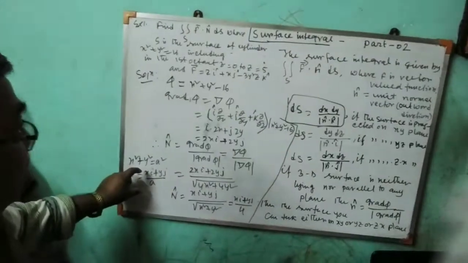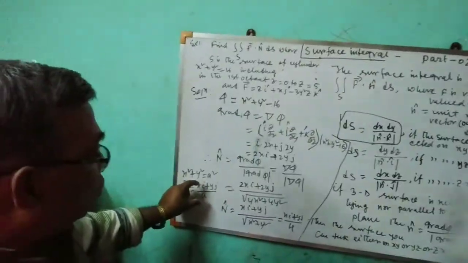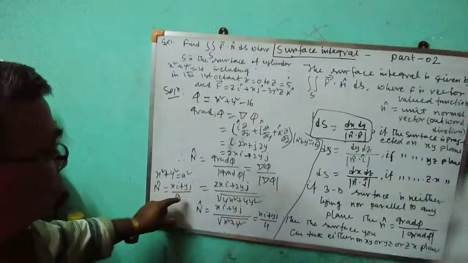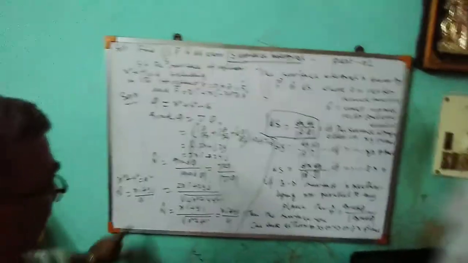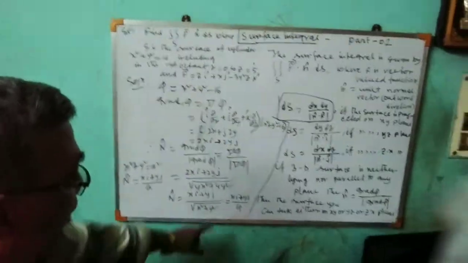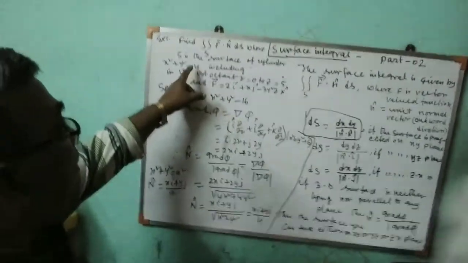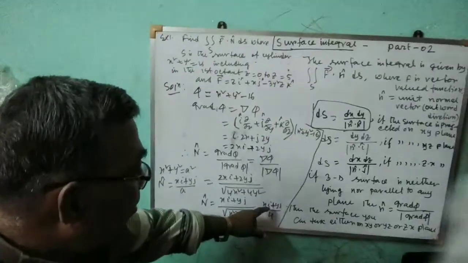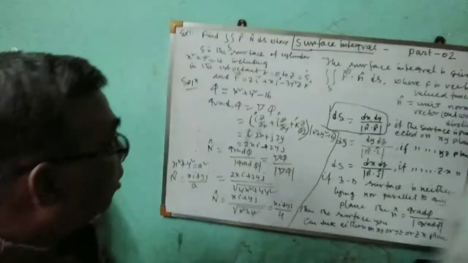This is not depending upon f. So this you should remember: xi plus yj by a is the n cap. Be careful. Here it is xi plus yj by 4. If it is supposed to be 25, then what will be the n cap? xi plus yj by 5.